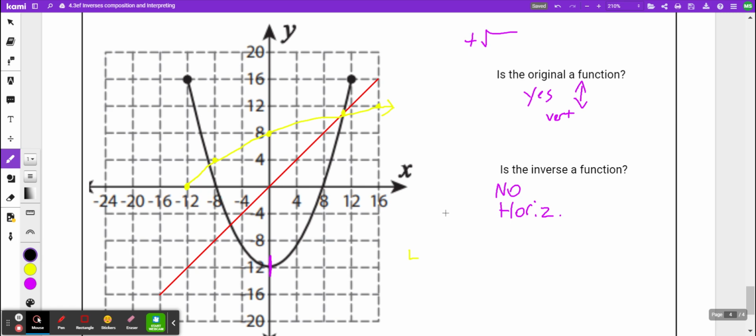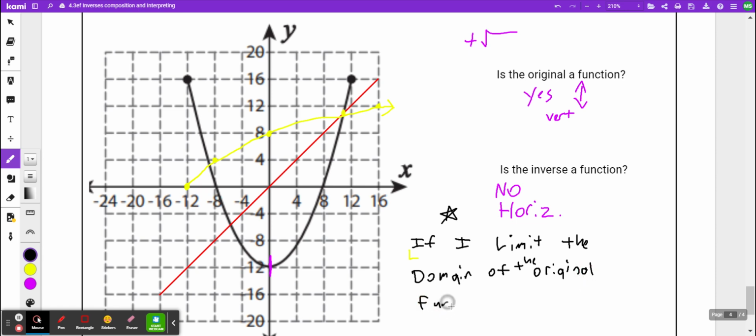Yes, and I'm going to put a little note: if I limit the domain of the original function, and now let's limit it, it's going to be from 0 to positive infinity. There we go. I should get this, and it is a function. Otherwise, I'll have the bottom half of this sideways parabola.